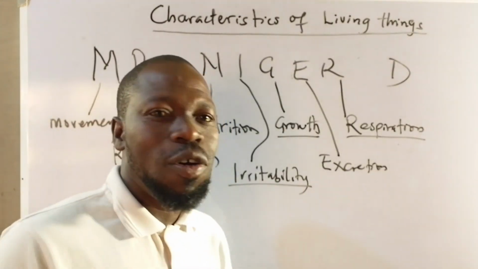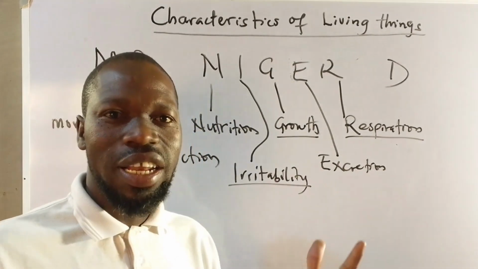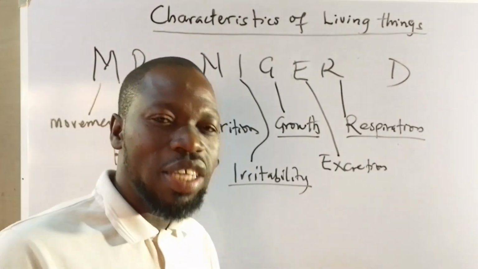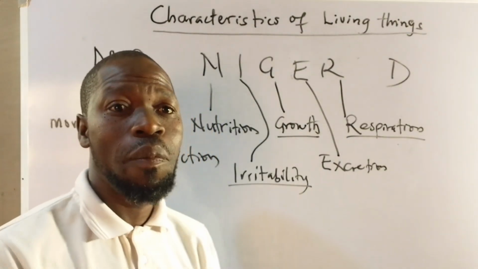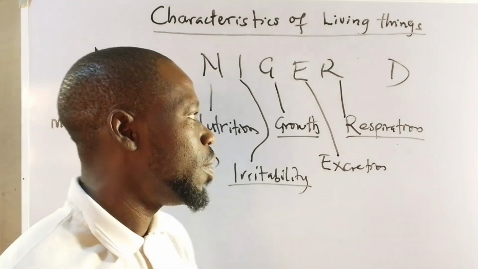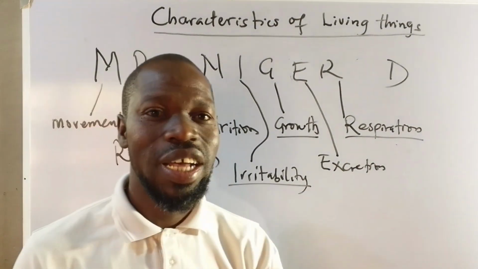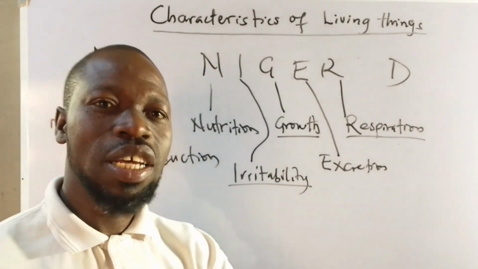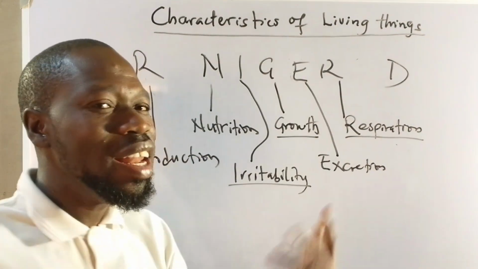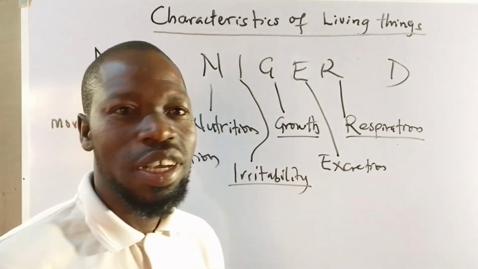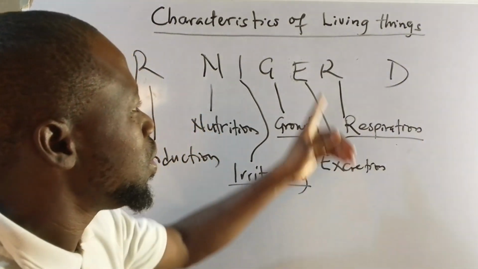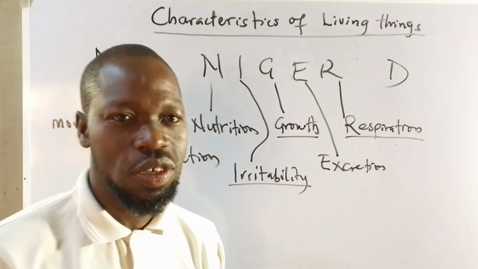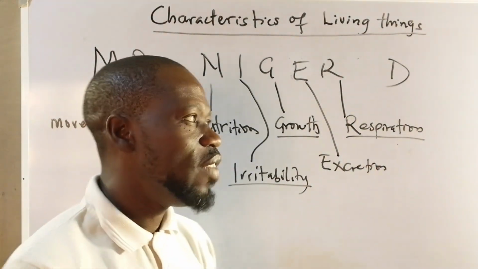That's intake of oxygen and exchange of carbon dioxide for metabolism in the system, right? That's respiration. But we found out that plants take in carbon dioxide and give out oxygen, and animals take in oxygen and give out carbon dioxide, right? But in all forms, respiration is a characteristic of living things.